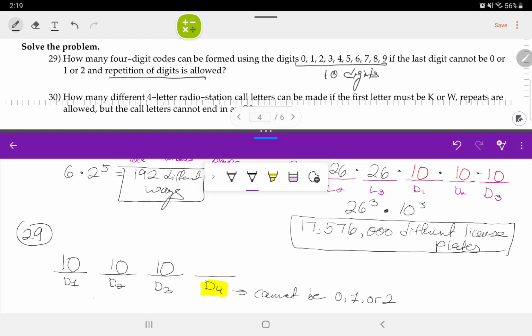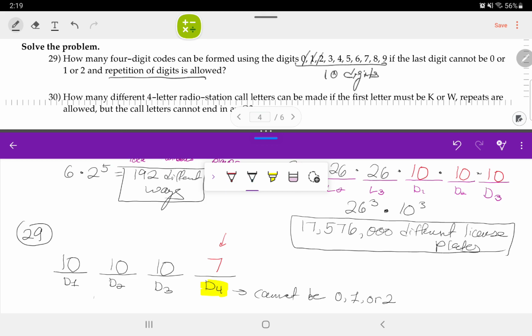Now, for my 4th digit, if I cannot use 0, 1, or 2, that means there are only 7 options for me to choose from. So that is going to be the number 7. Because once again, we're excluding 0, 1, and 2 from the options for the 4th digit.